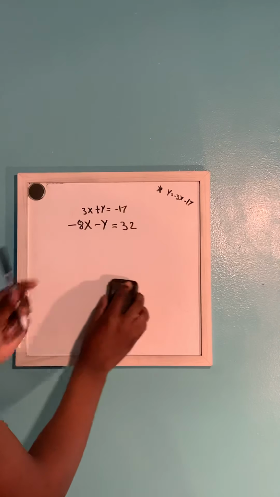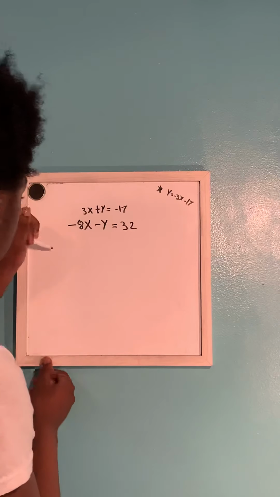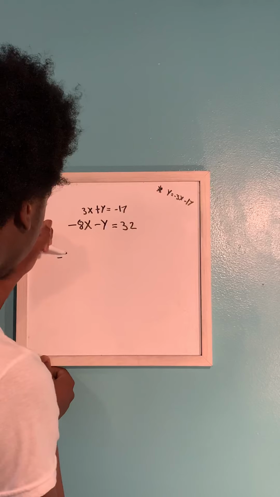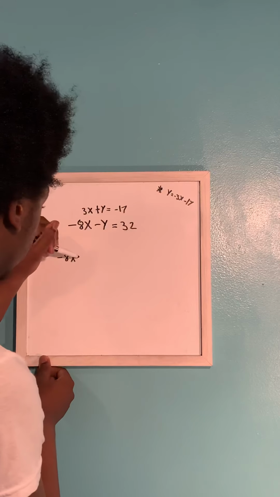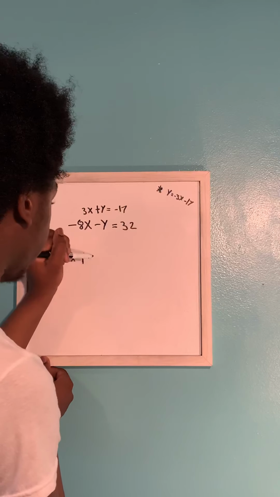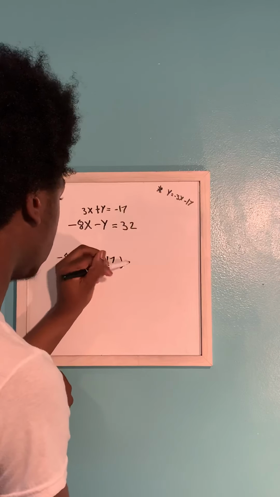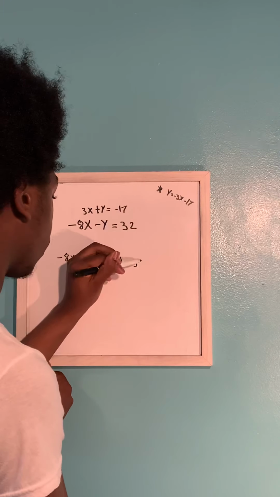Alright. So now that we have this equation down, we could now plug it into y. So negative 8x stays the same, minus negative 3x minus 17 equals 32.